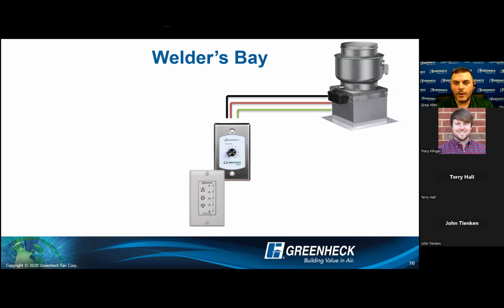You can put a remote dial in the space and let them pick. I want to move more or less air. I'm welding galvanized today. I need to move a lot more air. I need to control my arc more, so I'm going to reduce the airflow and improve the weld. That puts them in the seat of the decider on how much air needs to move.